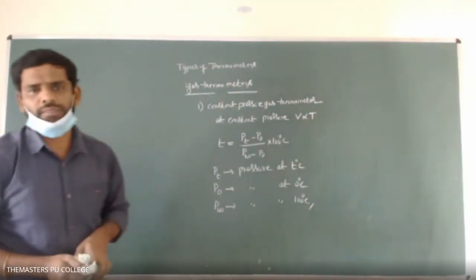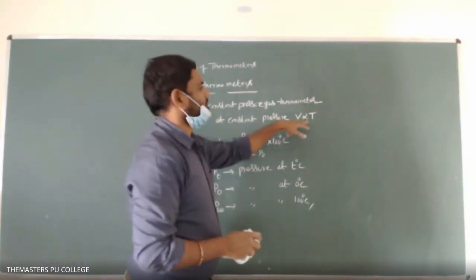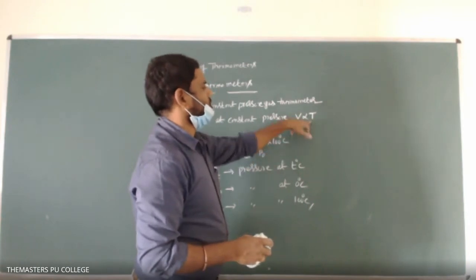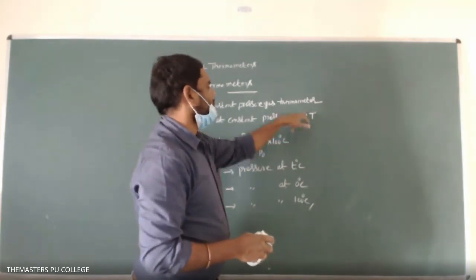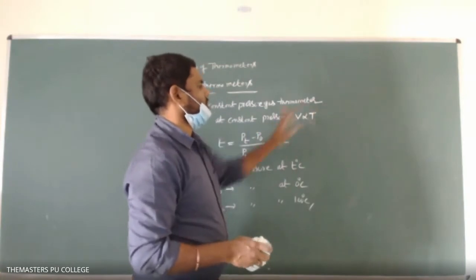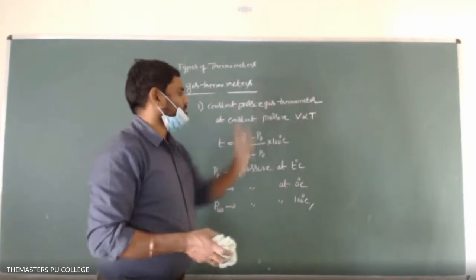That is Charles's second law. What is Charles's first law? At constant volume, the pressure of a given mass of gas is directly proportional to temperature, and at constant pressure, the volume of a given mass of gas is directly proportional to its temperature. On this basis, the constant pressure gas thermometer will work.